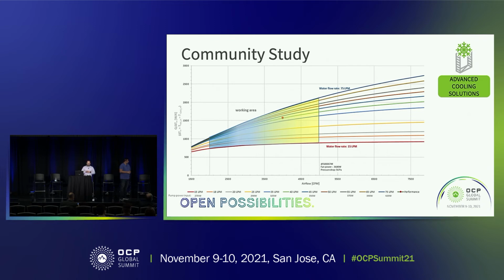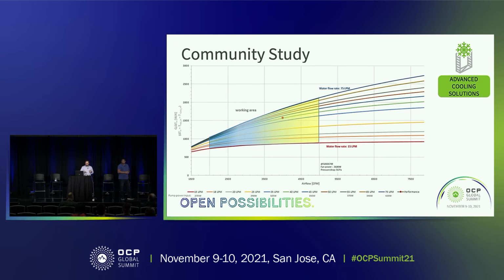These are interesting charts. If you see the build, the power of the system, the performance of the system is obviously proportional to the flow rate of the air and the flow rate of the water. But if you want to increase the performance, you have to take care how much you increase the flow rate of the air or the flow rate of the water.